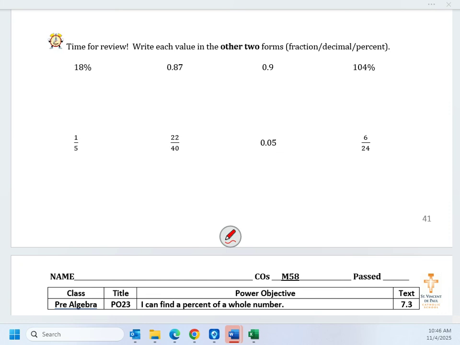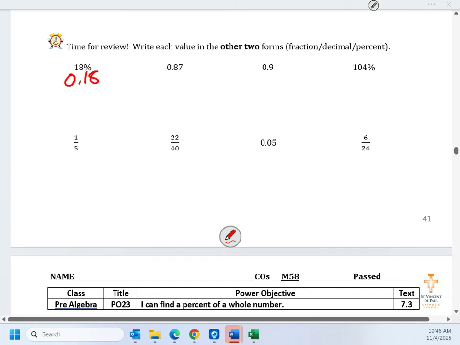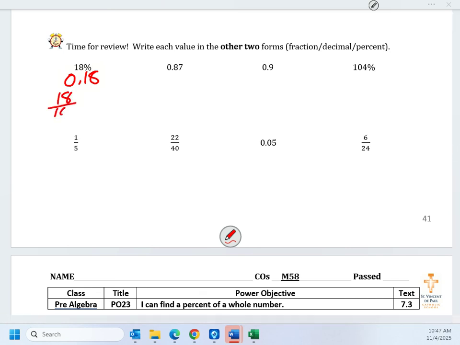So for this bottom, I should see two numbers underneath the number you're given. So if we have 18%, what decimal would I write? Laura? 0.18. Yeah, 0.18. So what fraction am I gonna write? Elliot? 9/50. Yeah, because I'm gonna start with that 18/100, and I can simplify.